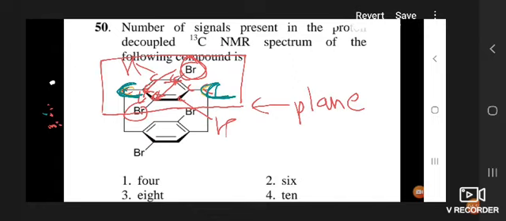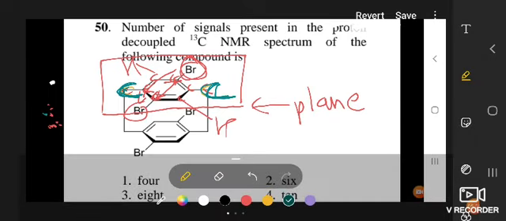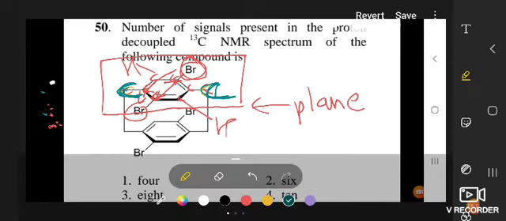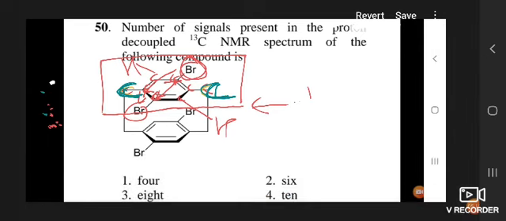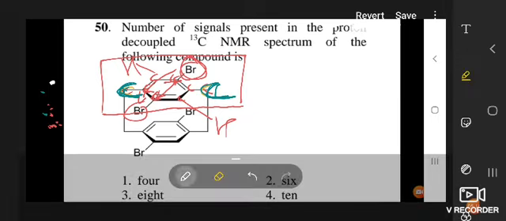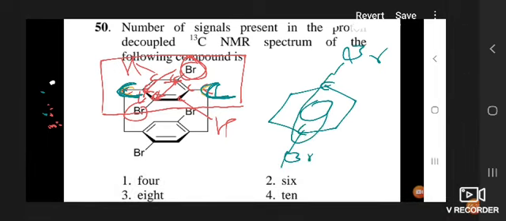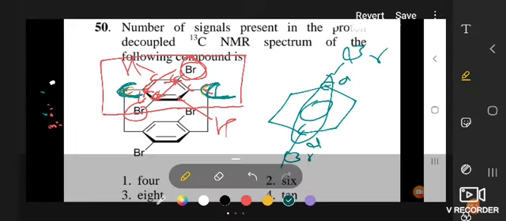The two aromatic carbons which bear bromine atoms are the same, that means they form the same group, or we can say the same set. If this is our structure, this is the ring, and these two carbons, suppose they are A, because they have a center of symmetry.